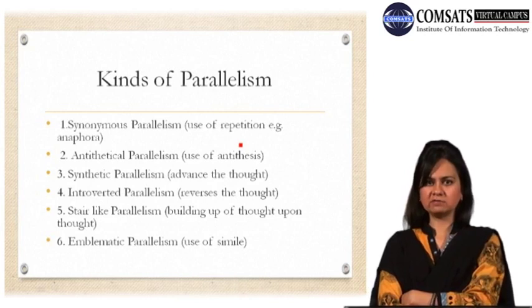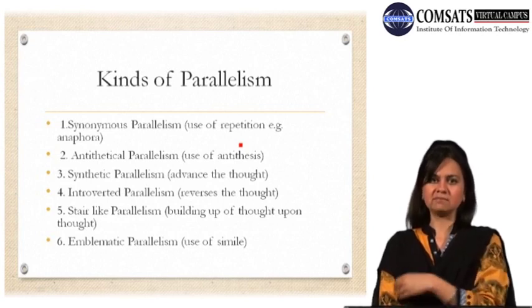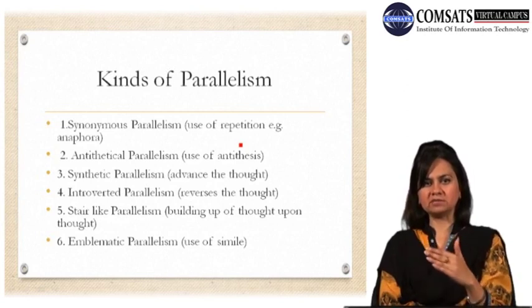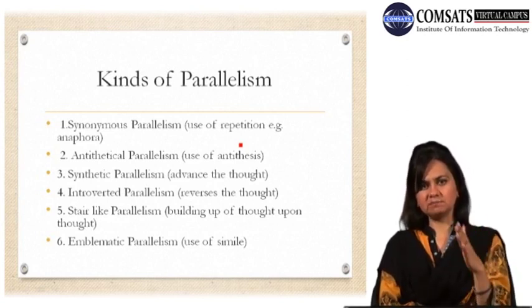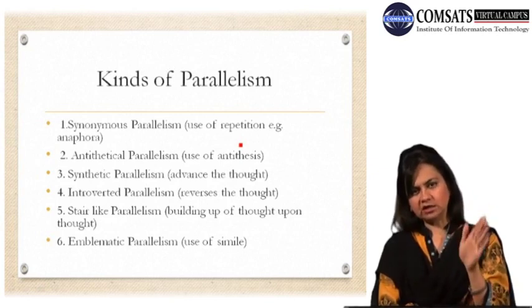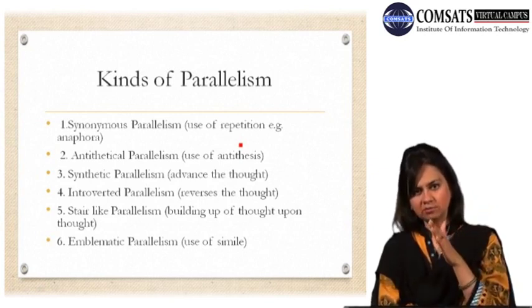Then the fifth form of parallelism was stair-like parallelism, where thought is built up upon thought gradually. For example, leading from rivers and waters to streams and finally to the sea. So this is the building up of thought upon thought, that from a smaller entity or idea, the writer led us to a more profound thought.